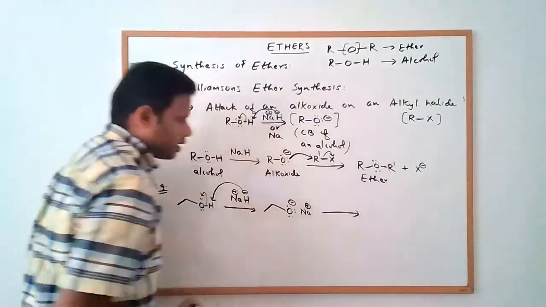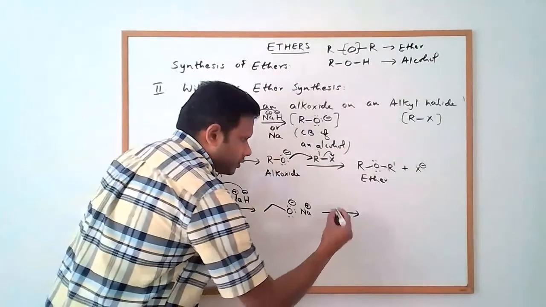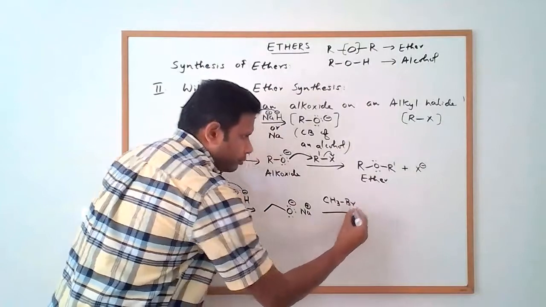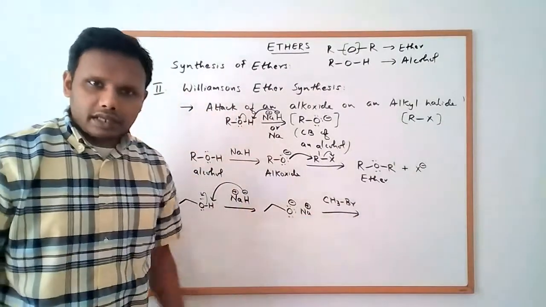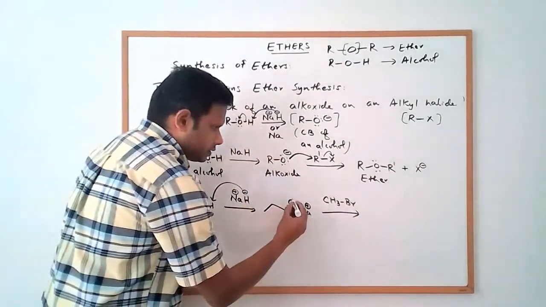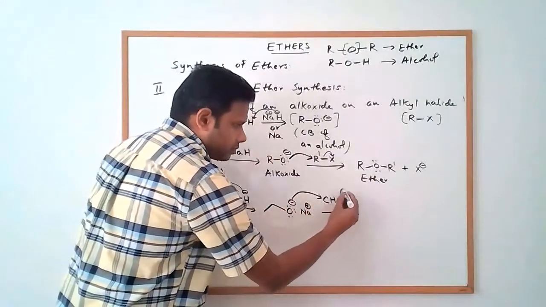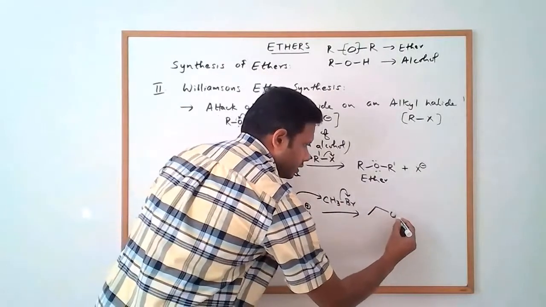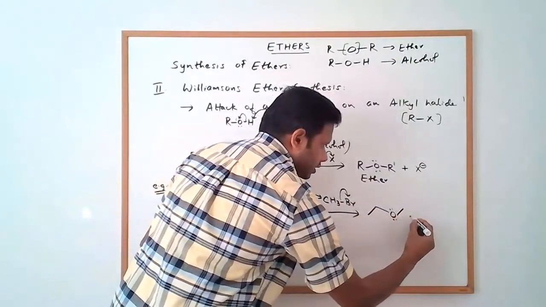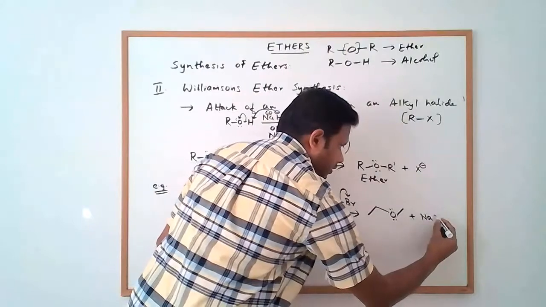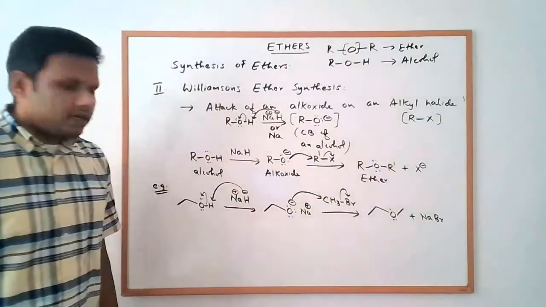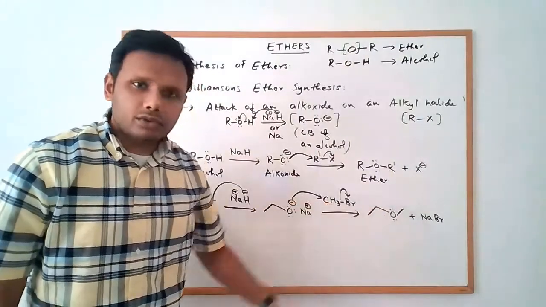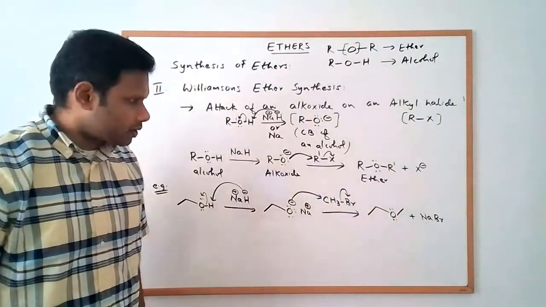And now, after this, if I react it with methyl bromide, let's say, an example of an alkyl halide, this is going to go and attack that carbon. The Br is going to leave. So in the end, I will make an ether with sodium bromide as the byproduct. So the sodium now goes with the Br minus that's coming out. So we get the sodium bromide as the byproduct.